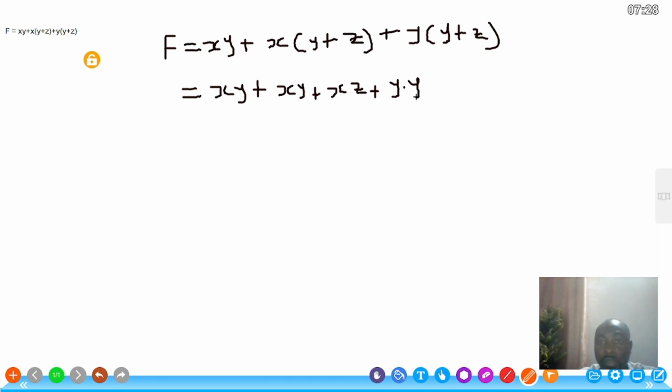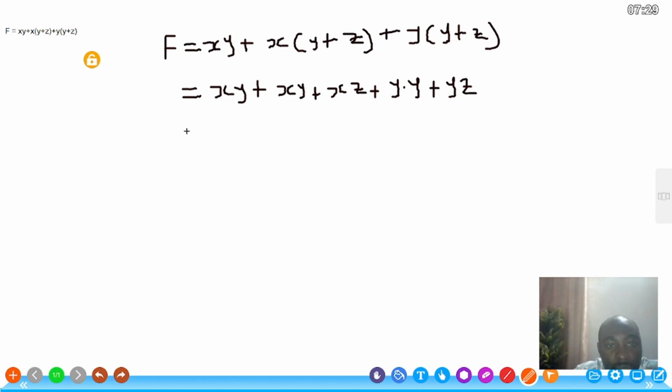But remember, we are dealing with Boolean algebra. So if we expand this again, you are going to have yz, right? Now remember one of the laws says x plus x is equivalent to x. So irrespective of the number of times terms or literals are repeated, you are going to maintain 1. In this case you can see that xy appears twice, right?